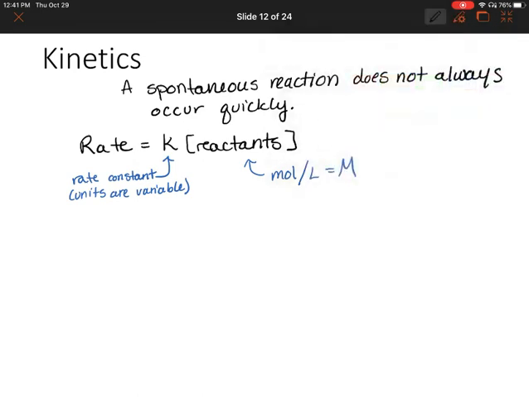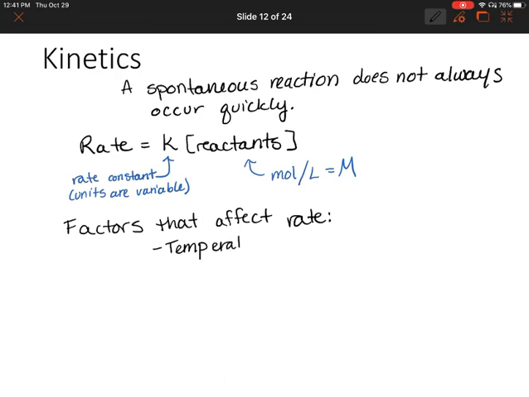Okay, so what are some factors that affect the rate of a reaction? So we already talked about temperature, right? If you increase the temperature of a reaction, you're going to increase the rate, because if you have a higher temperature, there's more energy.